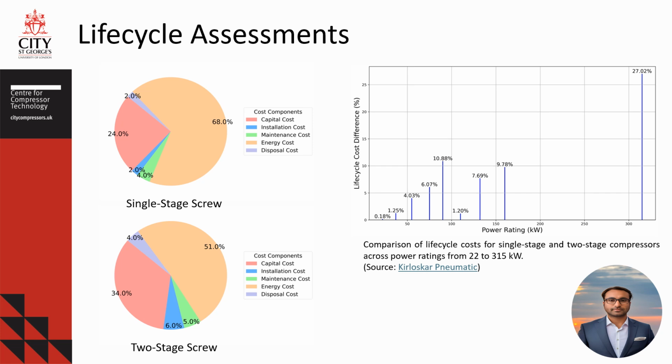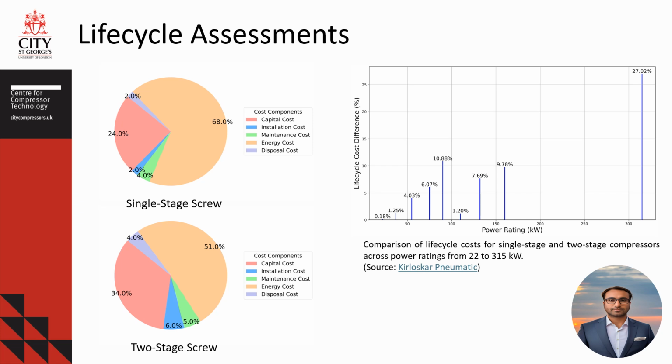At lower power ratings, such as 22 kilowatt, the life cycle cost difference is minimal, about 0.18%, which gradually increases with higher power levels, reaching a peak of 27.02% at 315 kilowatt. The primary reason for this trend is that two-stage compressors are generally more efficient at handling higher pressures and reducing energy consumption during operation.